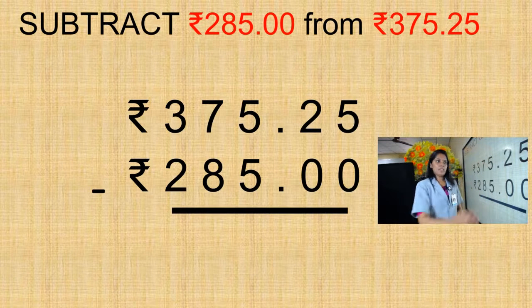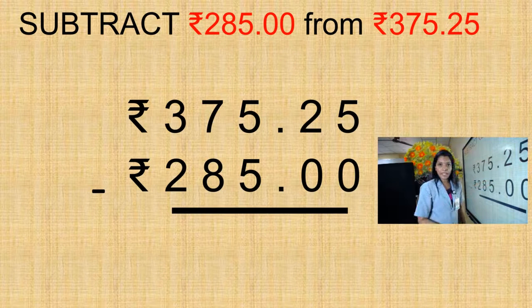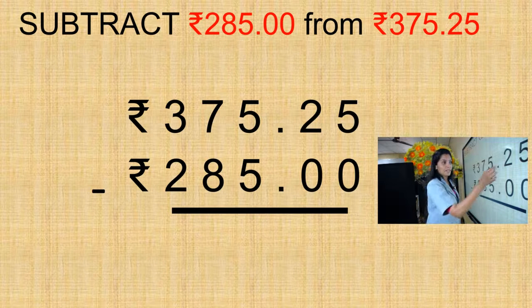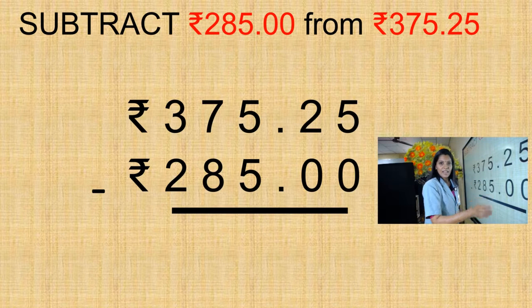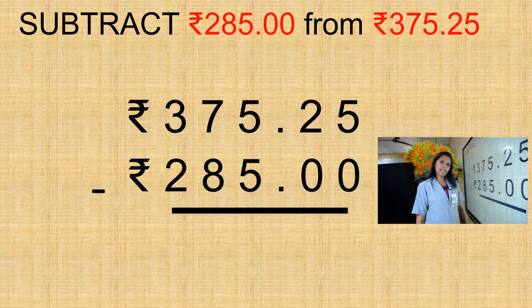Is it clear for you? In the paise part there are 2 digits and in the rupee part maybe 3 or 2, that depends. But you have to be very careful that the dots come in a line. Dot should be aligned.